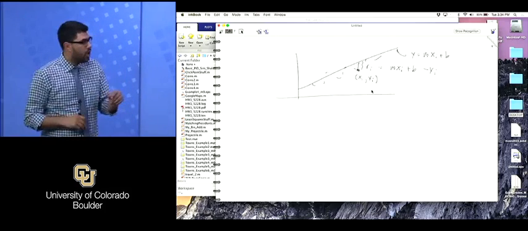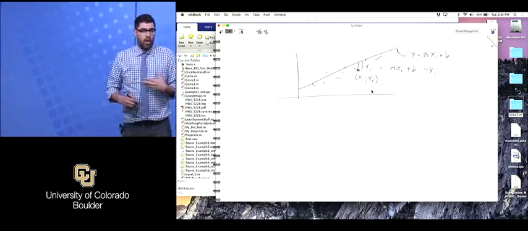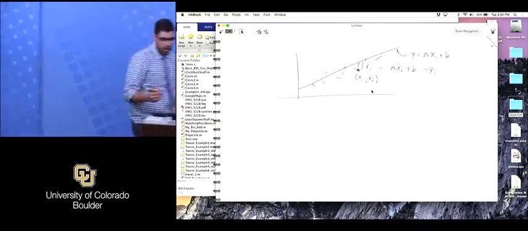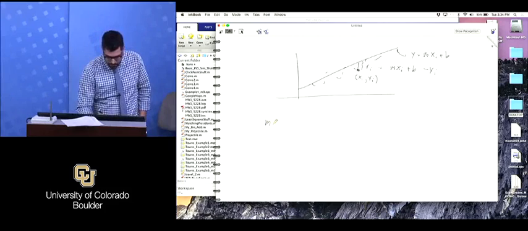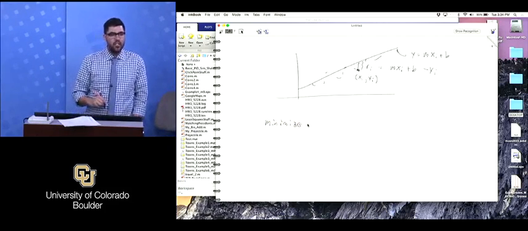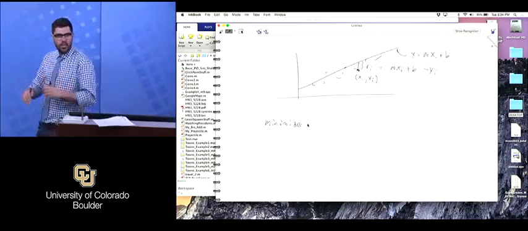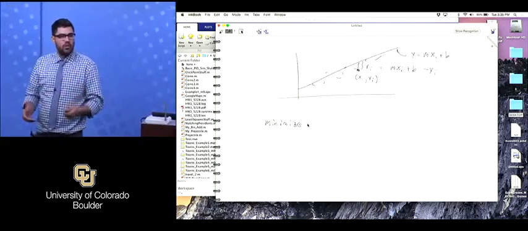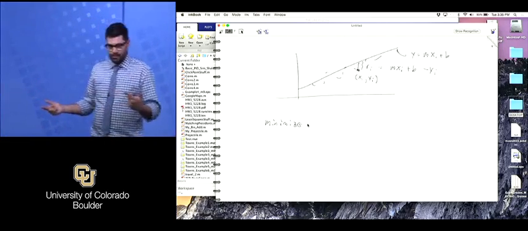Okay. So this is what we call an unconstrained optimization problem, because we're really minimizing. We want to find a solution. And when I say find a solution, what am I looking for? What is the thing I'm trying to solve for? M and B, right? Okay.